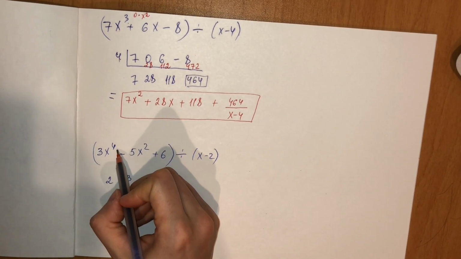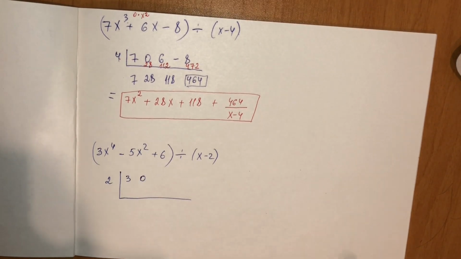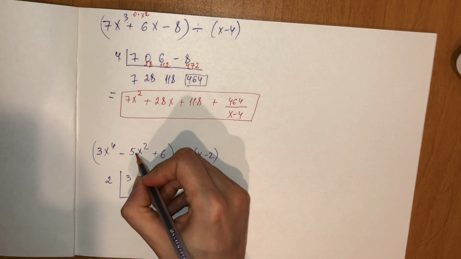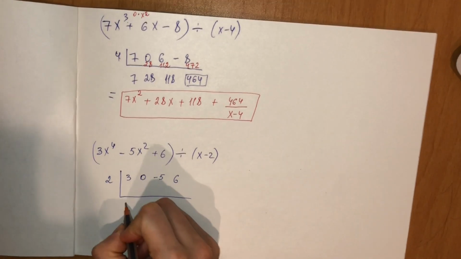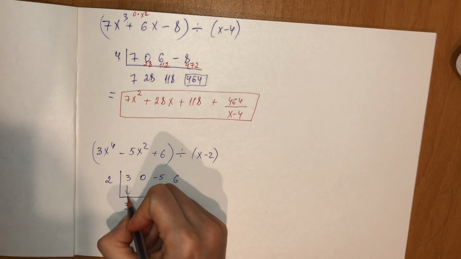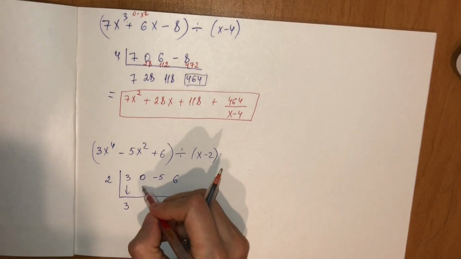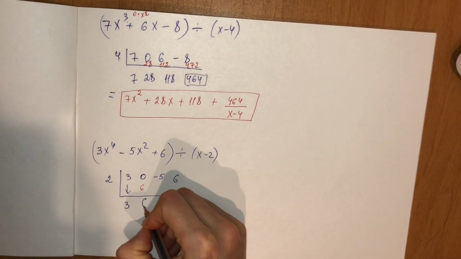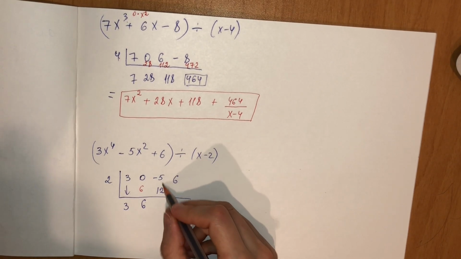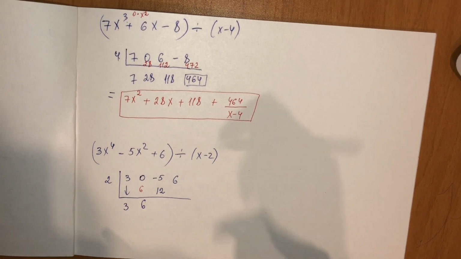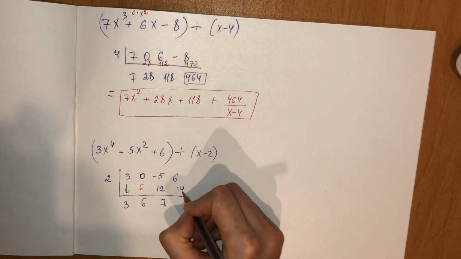As you know, the coefficient of x cubed is 0, minus 5, the coefficient of x squared, and positive 6. 2 times 3 is equal to 6. We write down here 6. 2 times 6 is equal to 12. If we add these two numbers, we will get 7. And 2 times 7 is equal to 14.